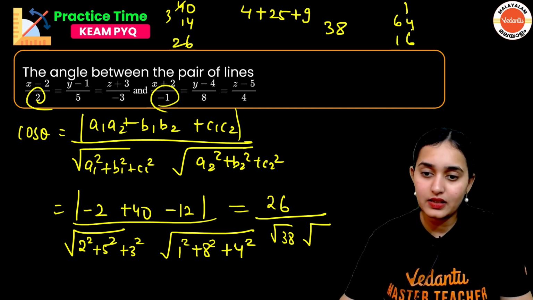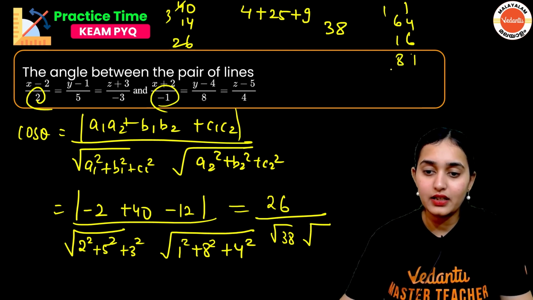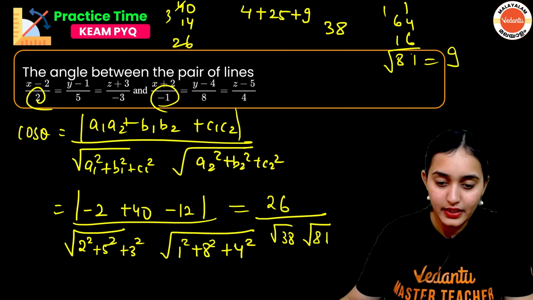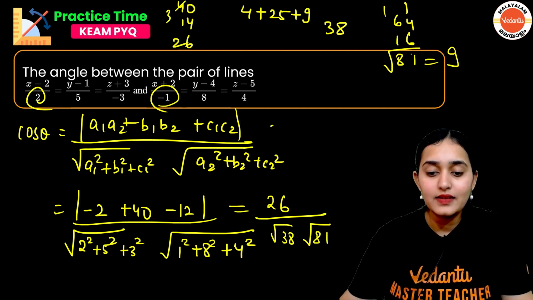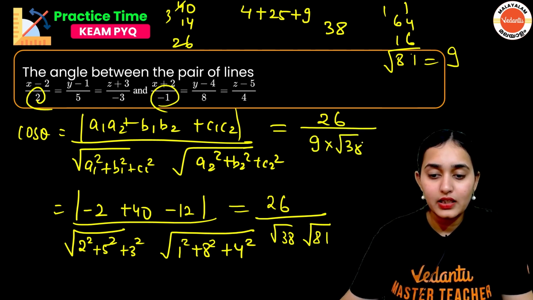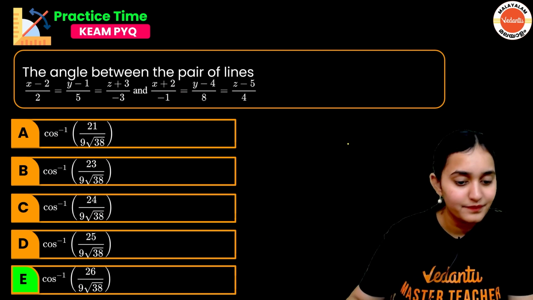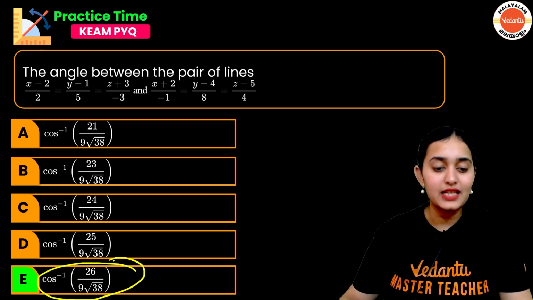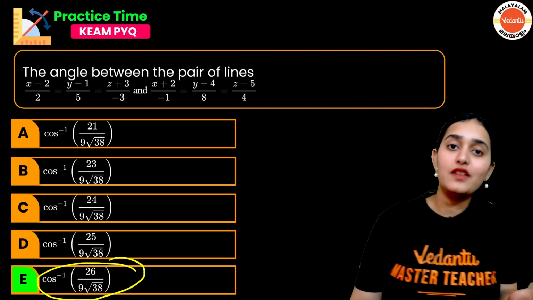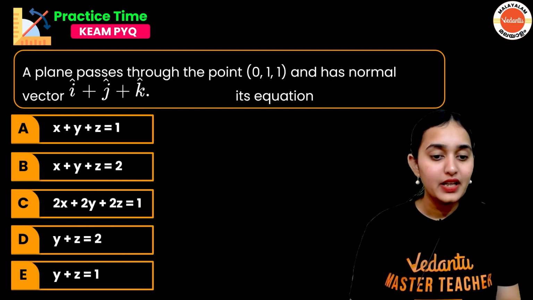So this is 16 plus 64, 80 plus 1, 81. Root over 81 is 9. So my answer should be 26 upon 9 into root over 38. Let's see. Yes. Option E. 26 upon 9 into root over 38. Cos inverse, of course, because we want theta.